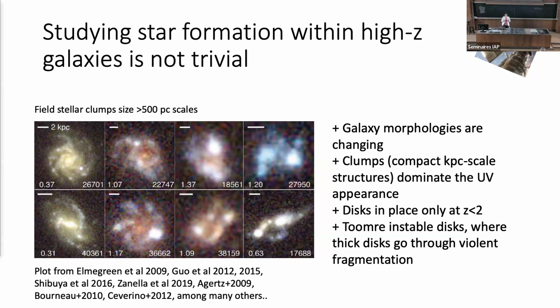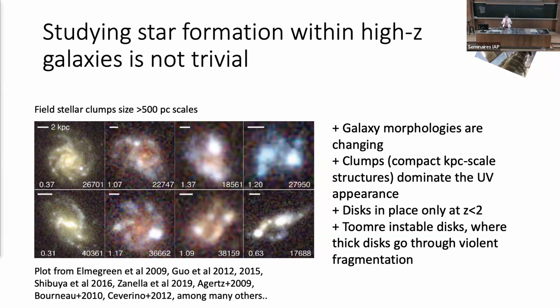So now we are looking at scales of roughly a kiloparsec, half a kiloparsec, and the disks seem to completely disappear when we look at the UV light at redshift 2. So beyond redshift 2, there were no disks anymore. So disks are not in place yet.